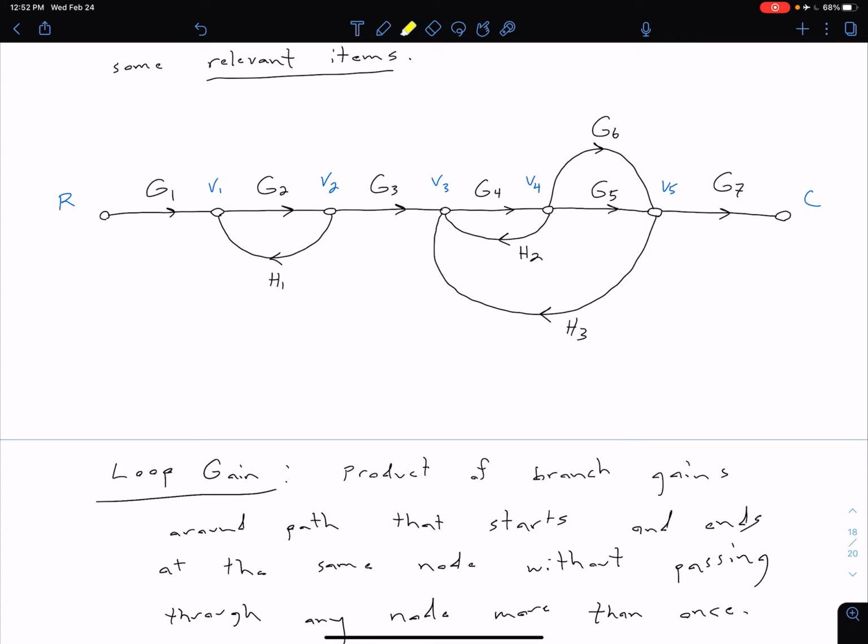If we do, for instance, V3 to V4 to V5, and then back like this, that would be a loop. We started and ended at V3, but we've not gone through V3 twice. So let's add that loop gain. We've got G4 times G5 times H3.